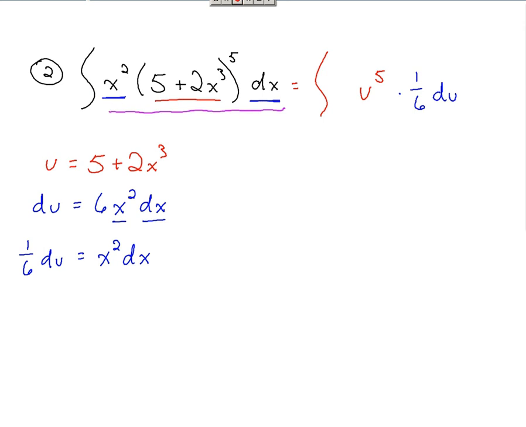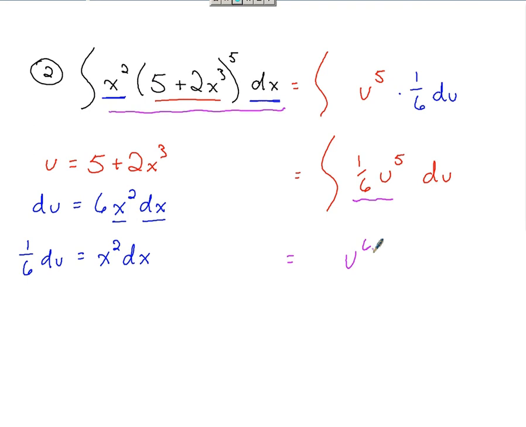If I do a little bit of housekeeping here, it might make more sense to put this 1/6 in front of the u to the 5th. Keep that du at the end. Because now, I'm taking the antiderivative of that expression, 1/6 u to the 5th. Following my limited rules here for taking antiderivatives, I add 1 to the power, get u to the 6th.